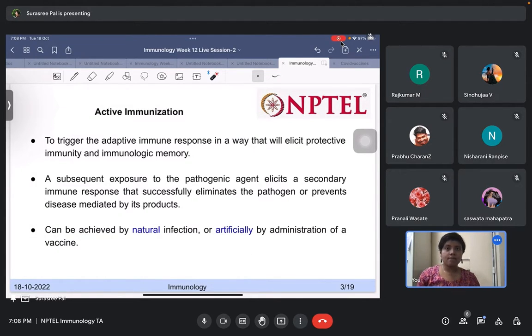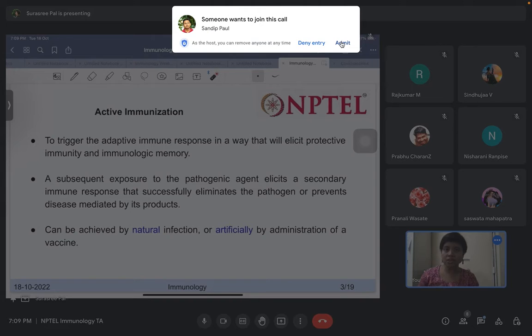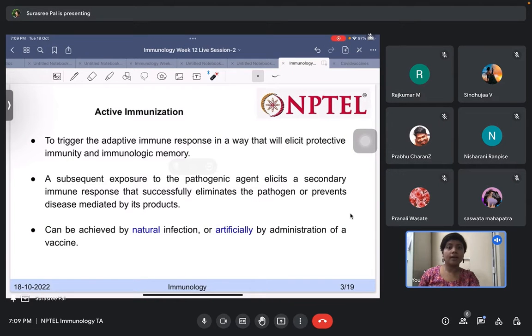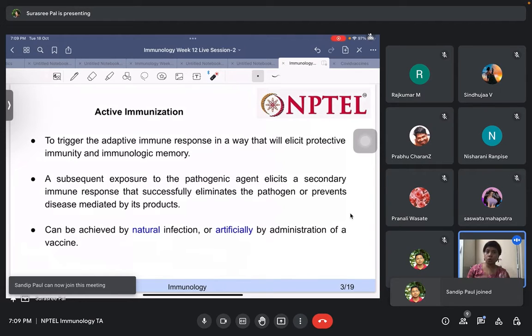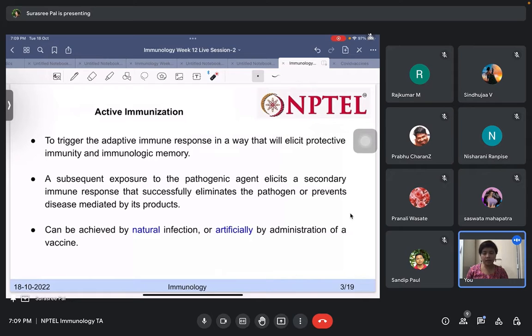Vaccines are different forms of the pathogen which are injected in a healthy host, so that the healthy host does not suffer from the disease, but the host can remember this particular antigen, this particular pathogen, and then for a subsequent exposure the host can generate a quick and more efficient response, right?